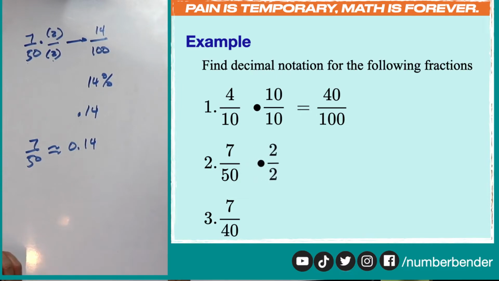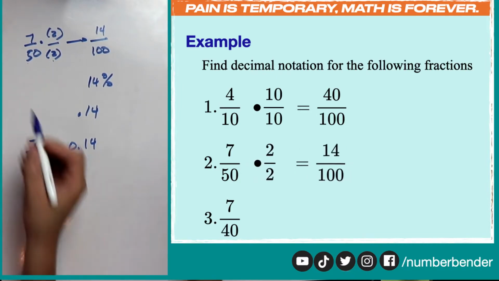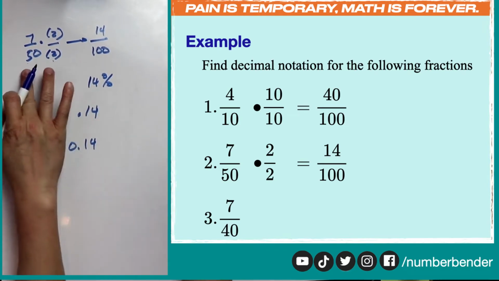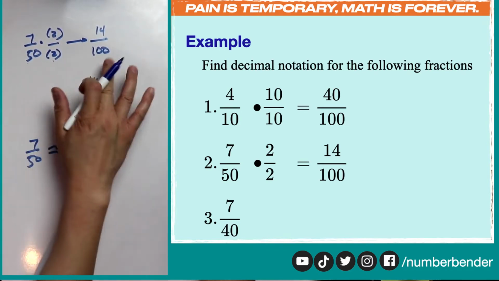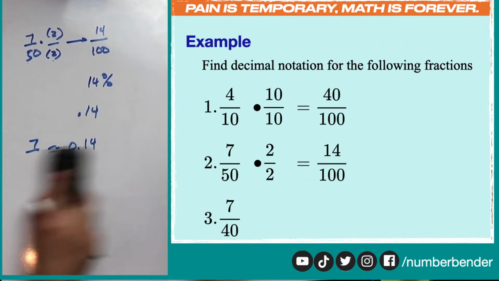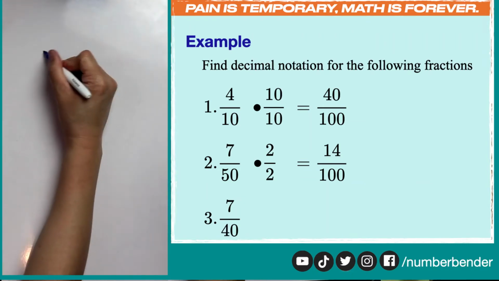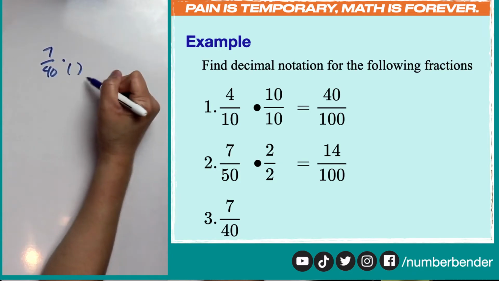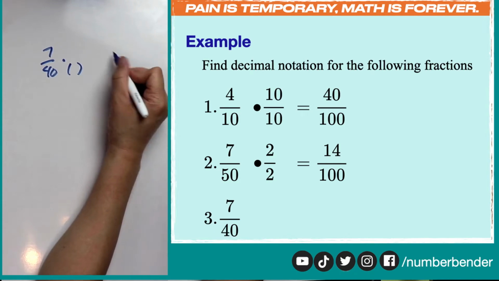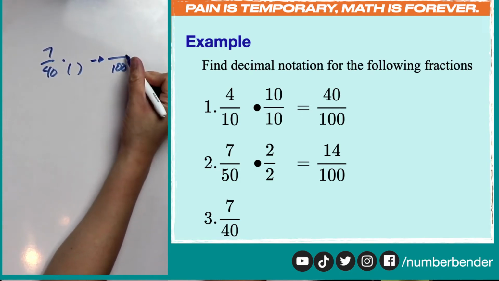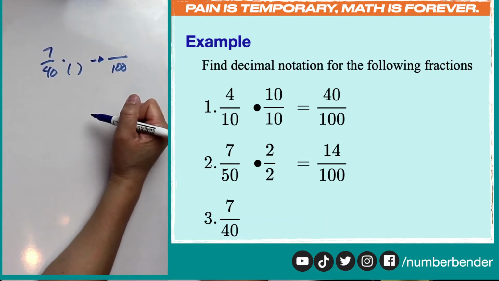And we're able to use our technique because we know that we can find an integer or a whole number to multiply 50 with so that it will equal 100. And let's test it with 7 over 40. For 7 over 40, do you think we can multiply the denominator with an integer or a whole number that will change it into per 100?